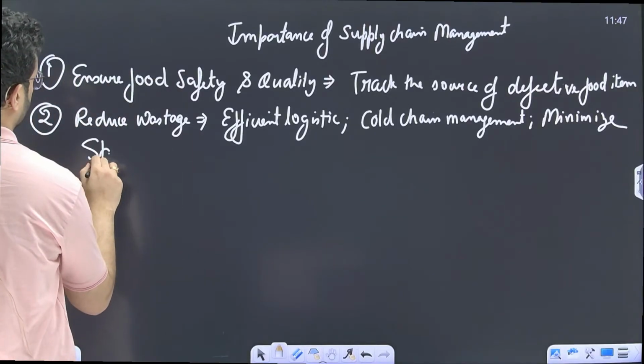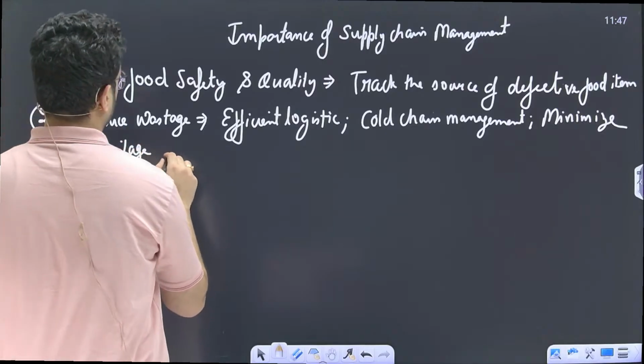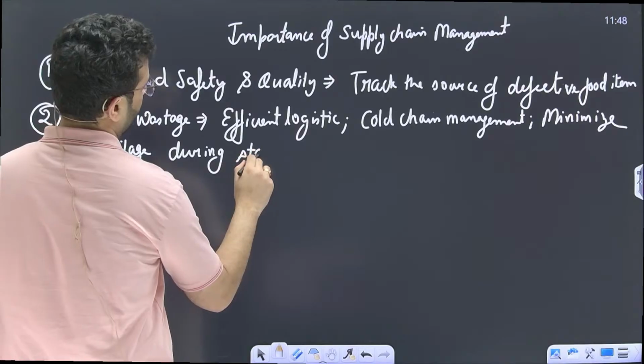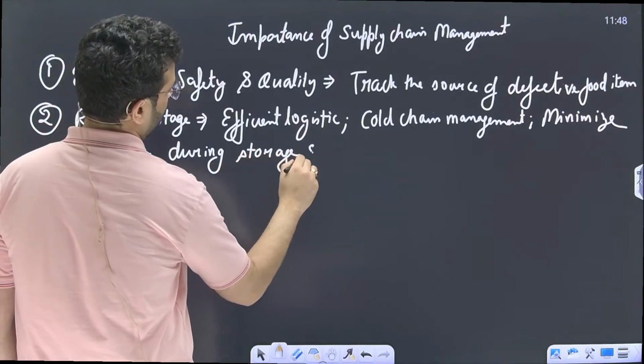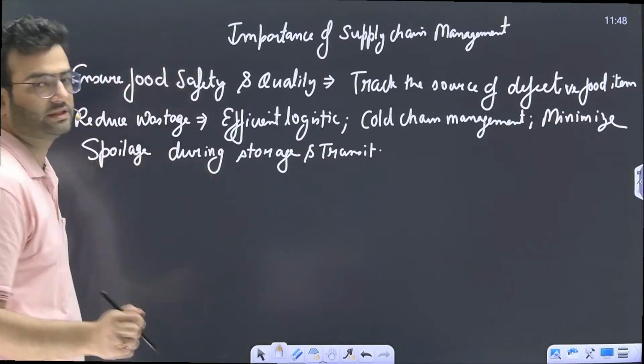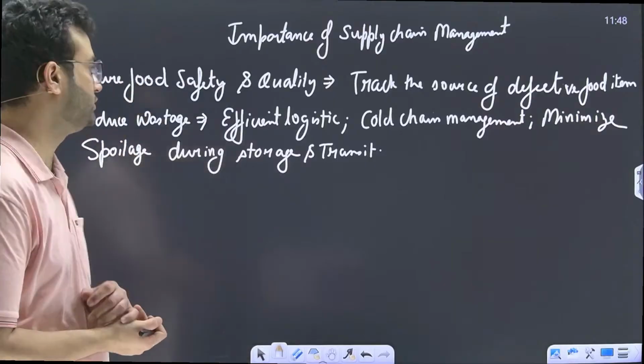Minimize spoilage during storage and transit. This is the second way through which we can reduce the wastage.